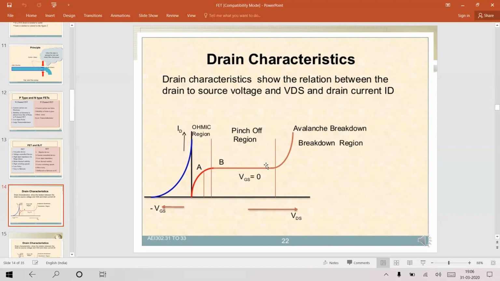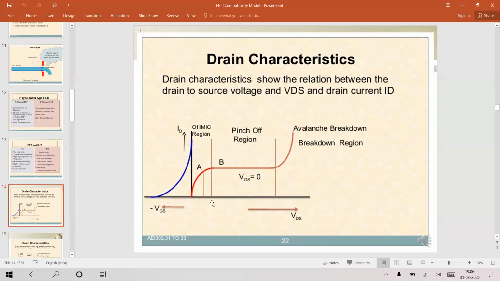Similarly, from point B, you can see the current is almost constant. So we say pinch-off region. The pinch-off region is a region where current remains constant. You can define one more term, pinch-off voltage. Pinch-off voltage is the voltage above which your current is constant.